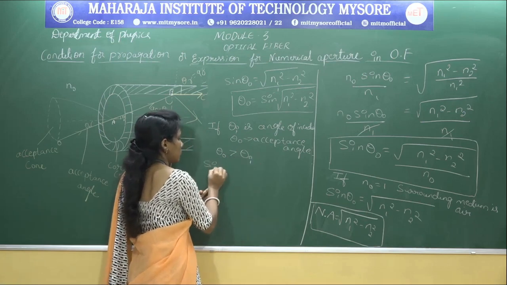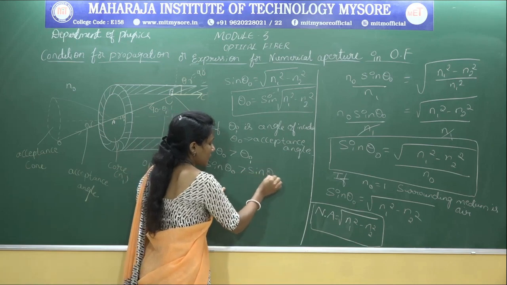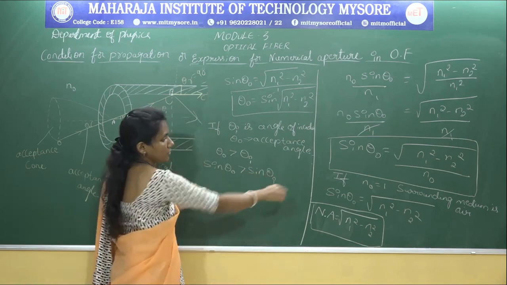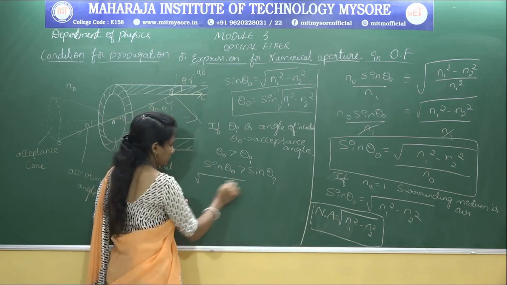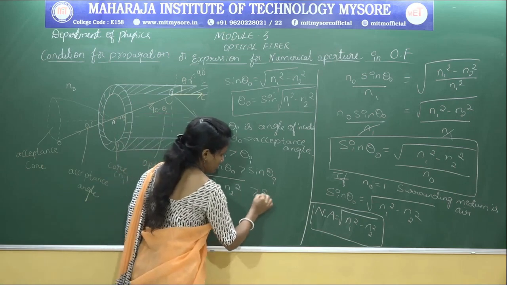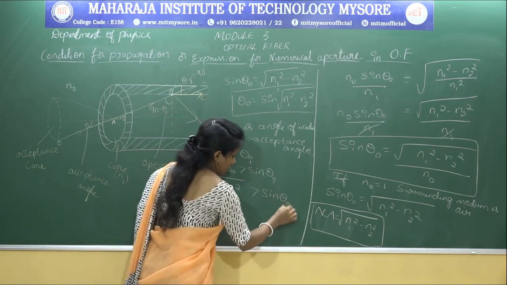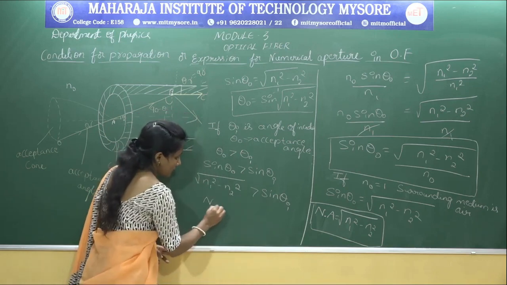Apply the sine on both sides, then we get sin theta naught greater than sin theta I, but the sin theta naught value is what? Root of n1 square minus n2 square, which is nothing but numerical aperture.